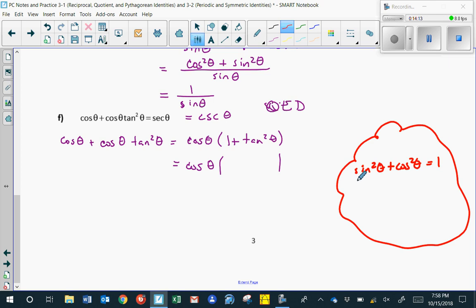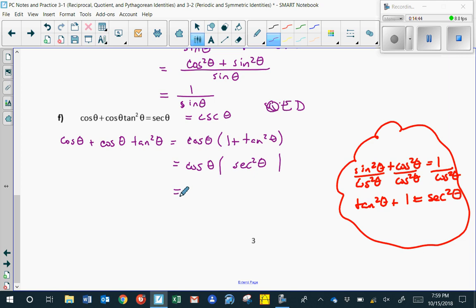And we can divide all terms by cosine squared of theta. And that will give us tangent squared of theta plus 1 is equal to secant squared of theta. So that means that 1 plus tangent squared of theta can be replaced with a secant squared of theta.